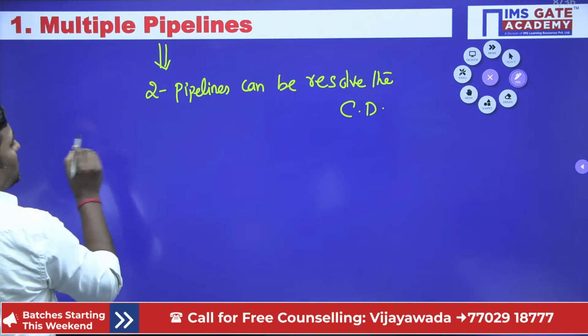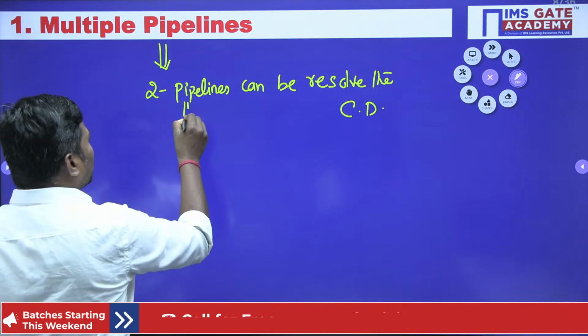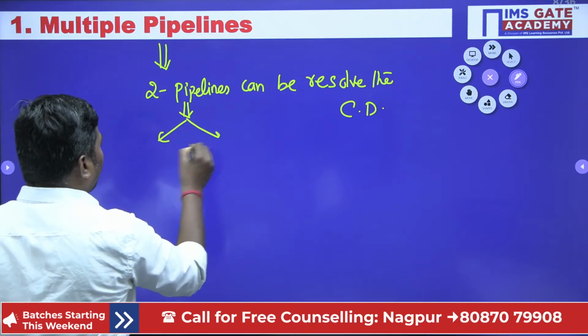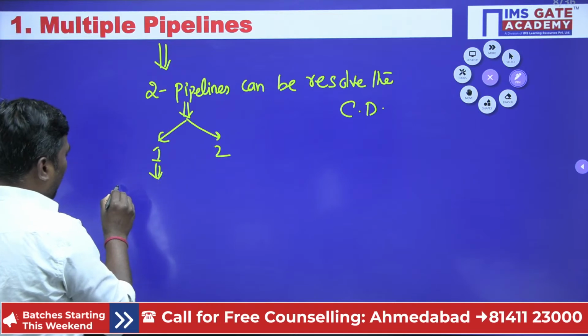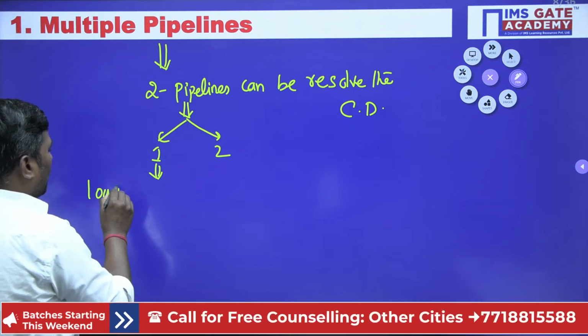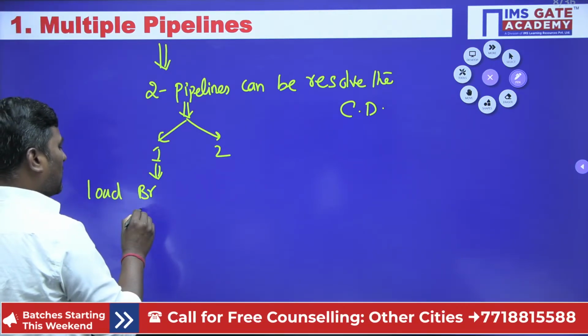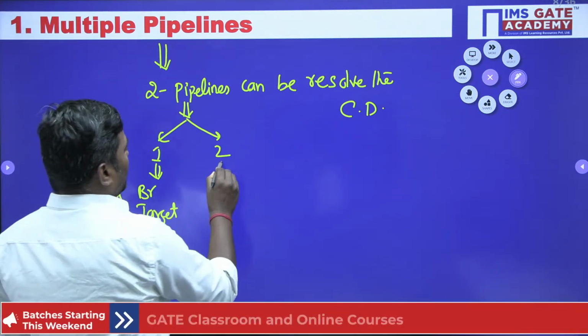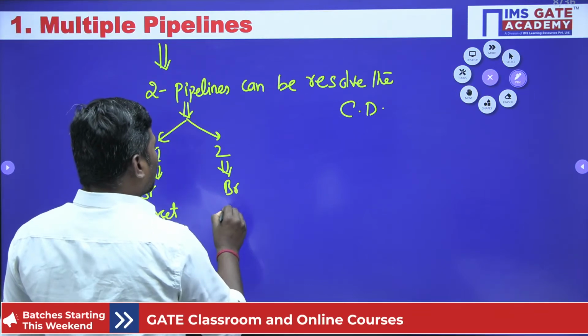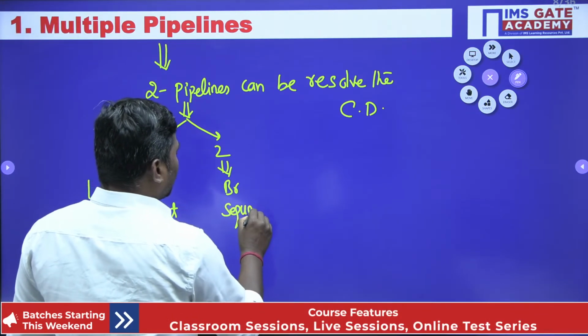Please observe here. Suppose we take pipeline 1 and pipeline 2. In pipeline 1, load 2 instructions: the branch instruction and the target instruction. Here, in pipeline 2, also load the branch instruction followed by the sequential instruction.